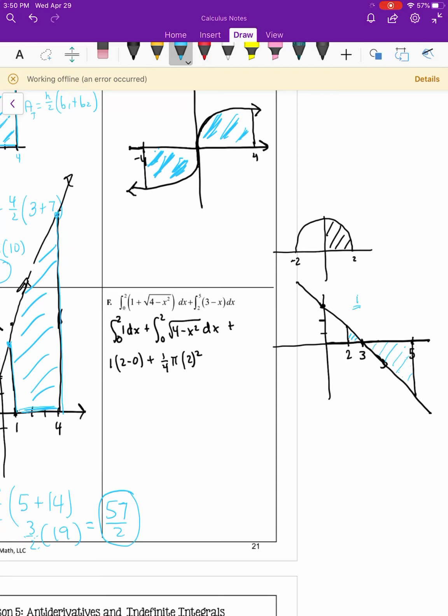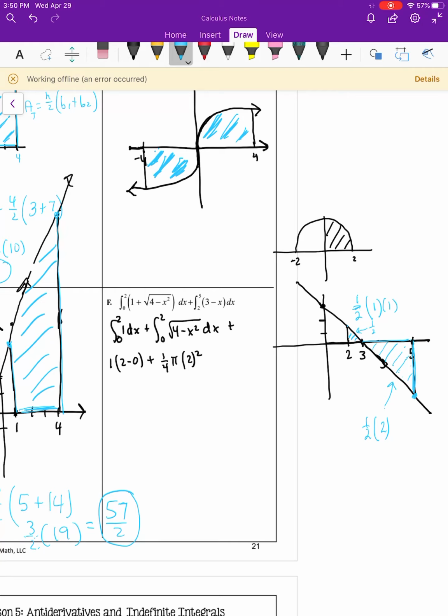So to figure out what that integral is from 2 to 5, 3 minus x, we've got our 1/2 base of 1, height. If I put a 2 in, 3 minus 2 is 1, height of 1. So this area is a positive 1/2. This one, we've got 1/2. My base is 5 minus 3, so that's 2.